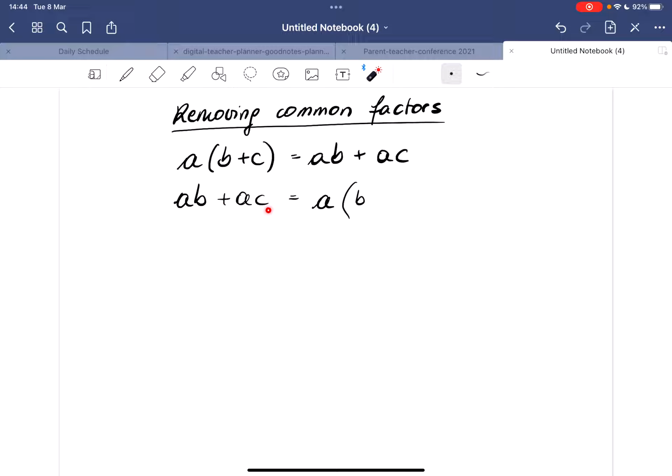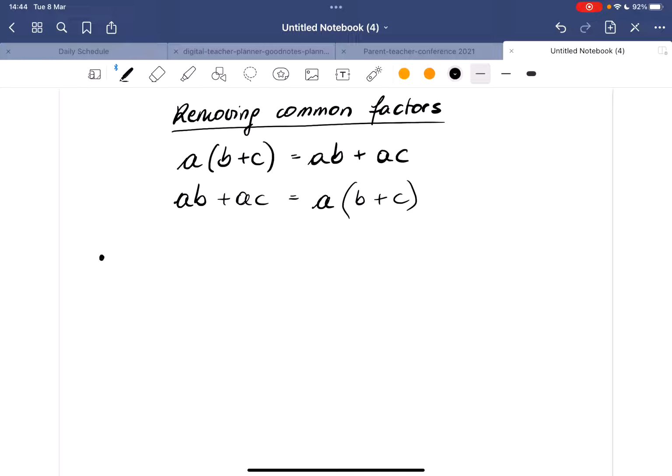What do I need to multiply A with to get AC? I need to multiply it with C. So I started with a sum, and I'm trying to express this sum as a product of two terms. And we're going to look at a couple of questions or examples here.